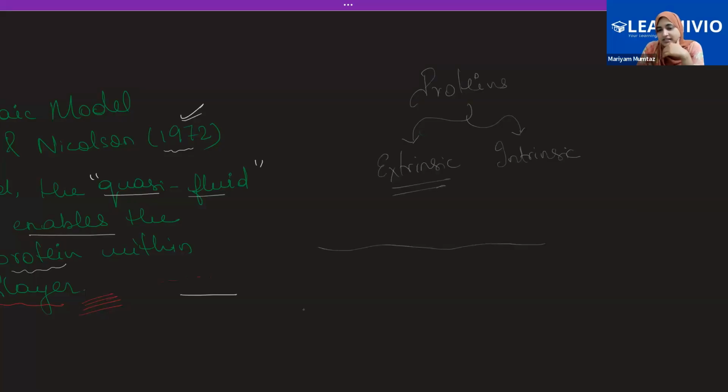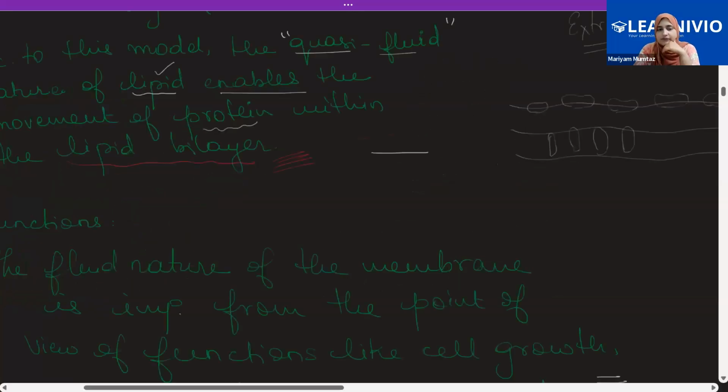So, for example, if this is the lipid bilayer, two layers of lipids, and the proteins are here, then you call it the extrinsic protein, that it is easy to remove. But if the proteins are embedded towards the inside, then it will be difficult to extract them out. So those are your intrinsic proteins.